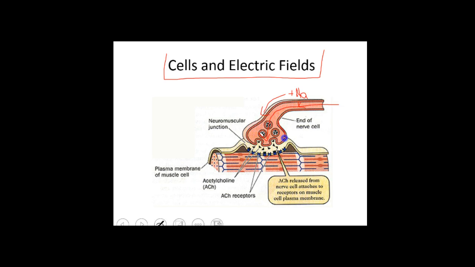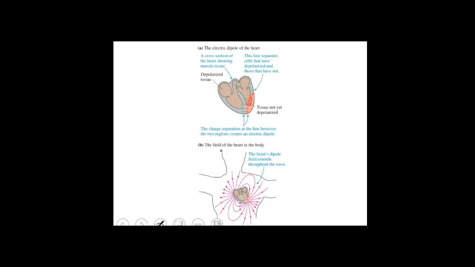Once it gets to the synapse of a nerve and a muscle, neurotransmitters are released and calcium floods into your muscle cell to allow it to contract. Right? Your heart is also an extremely important muscle that depends on electricity to even work.